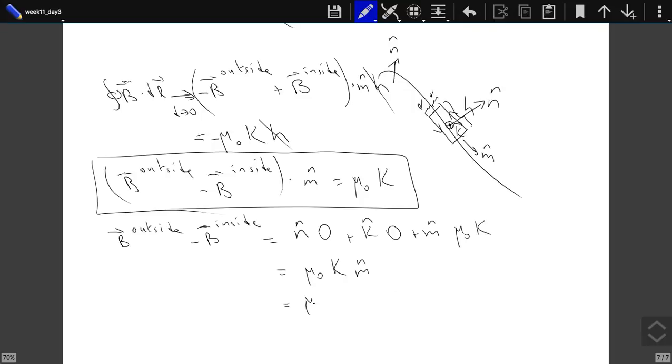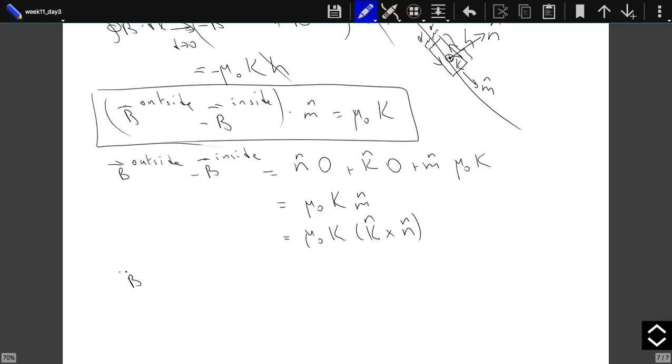This is equal to mu 0 k, k hat cross n. This is my m hat direction. You see, k hat is into the screen, n is in that direction, k hat cross n is in the m hat direction. It's just like if you have 3 perpendicular axes, x, y, z, x cross y is in the z hat direction. X hat cross y hat is z hat.